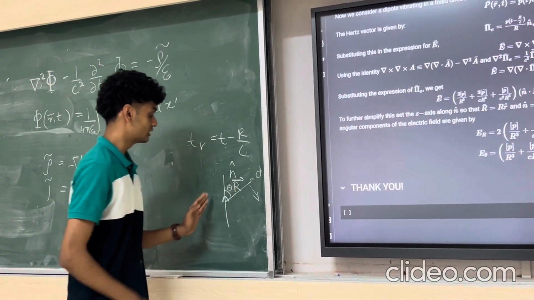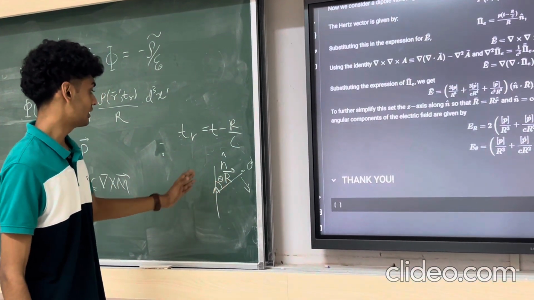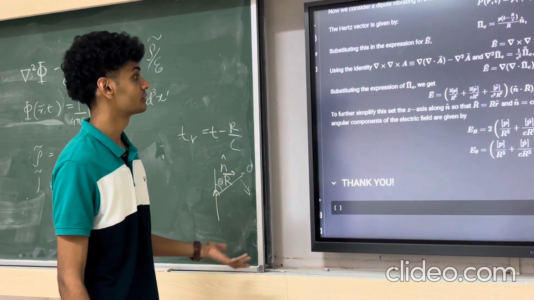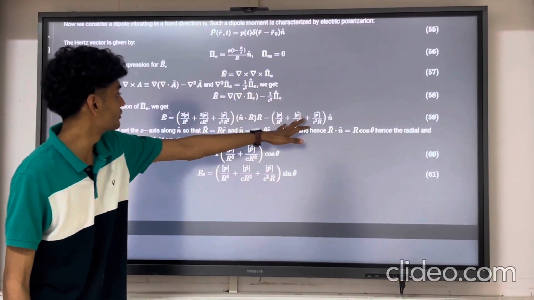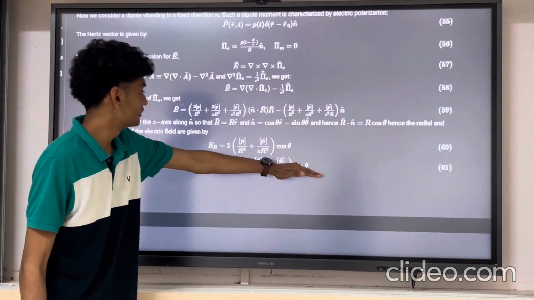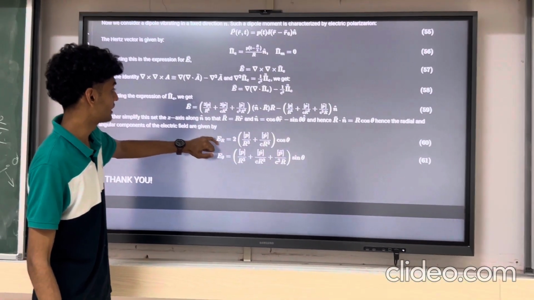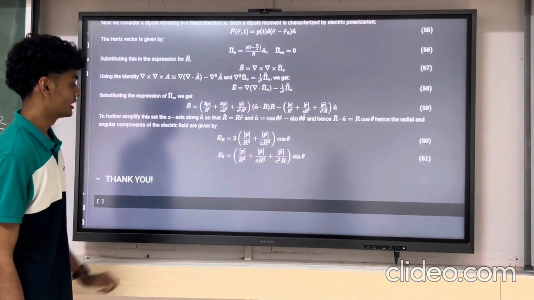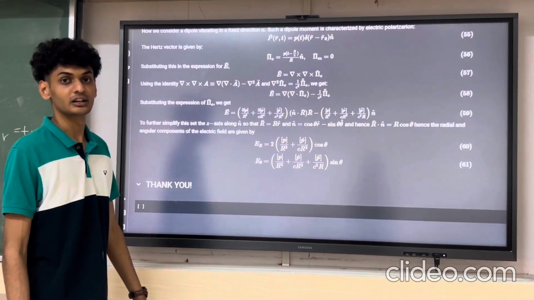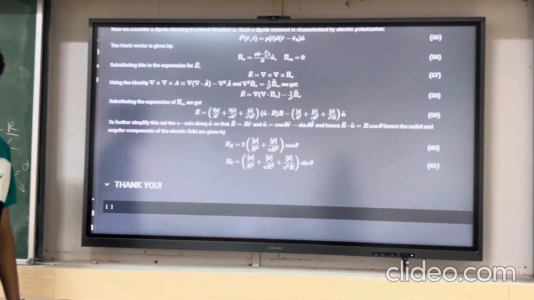We consider the angle between n hat and r bar to be theta. So n bar dot r becomes r cos theta, and one of the terms cancels out, and we are finally left with E_r given by this and E_theta given by this, which is what we used earlier in the modified long wave approximation for the resonance calculation.